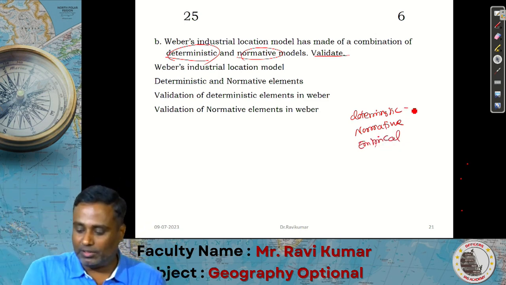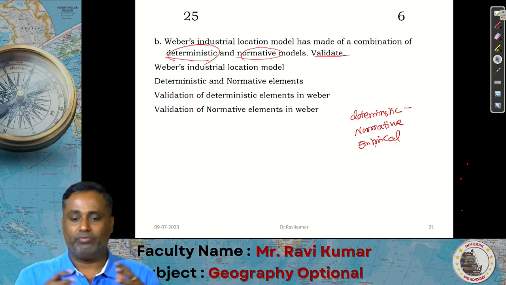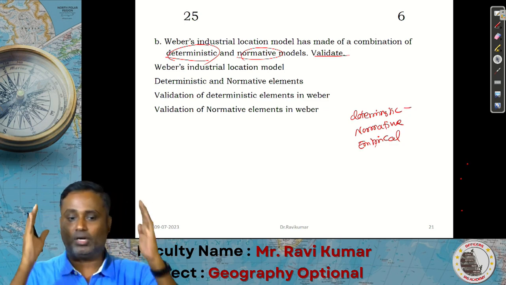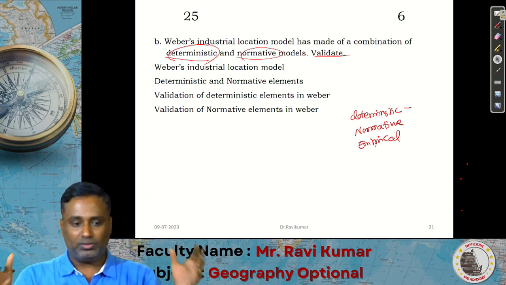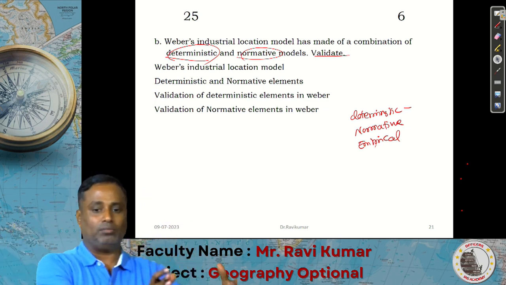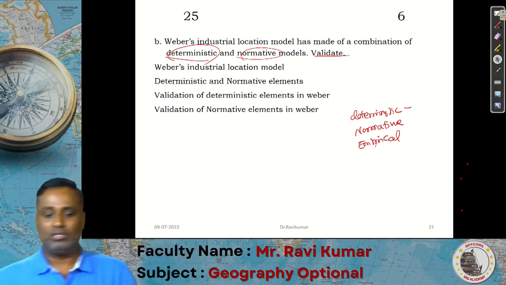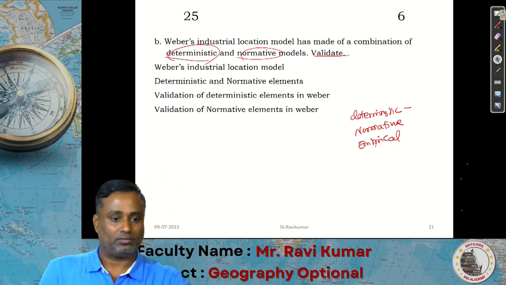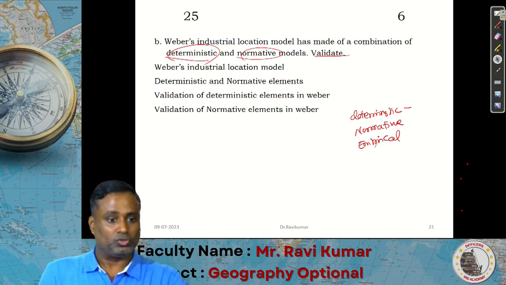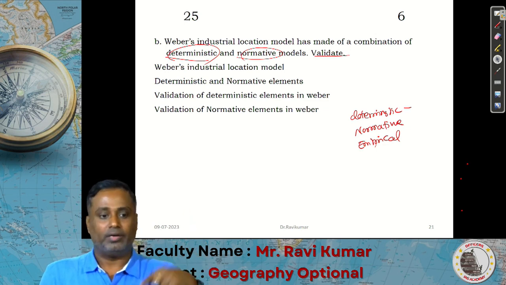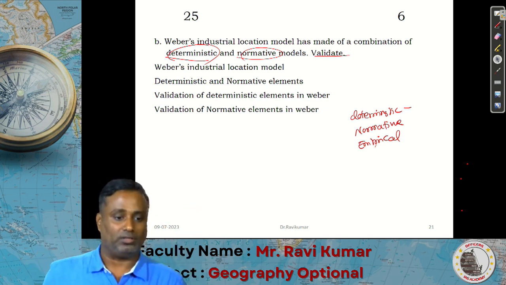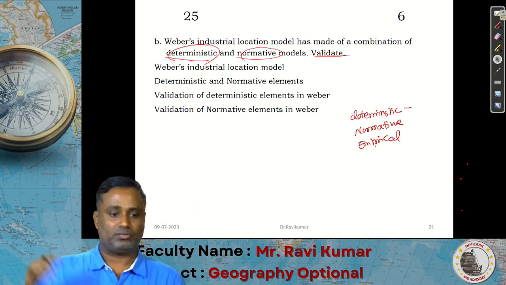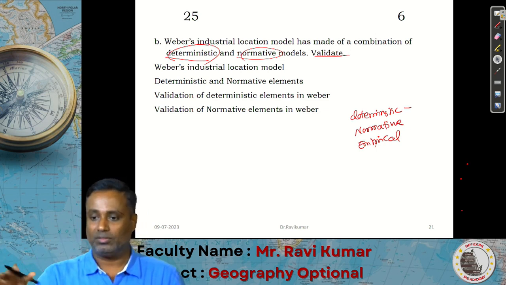Deterministic means that before giving a theory, we have a set of controls, and with these controls I am giving that model. Have you seen in Weber, there are 10 sets of assumptions? Those assumptions are the controls under which you have to see the theory: isotropic surface, uniform distance, even wages.